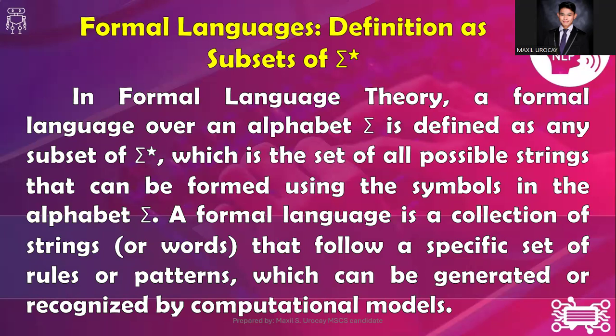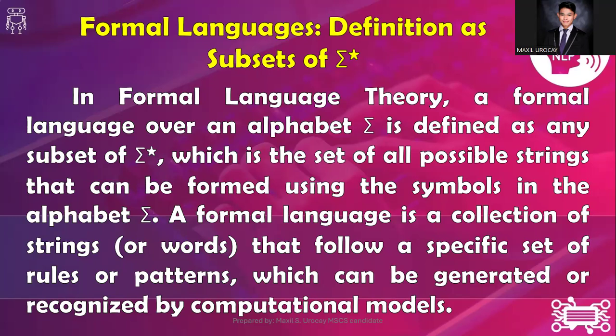Let's proceed here. The significance of formal languages in terms of text representation. Formal languages serve as a way to represent the structures of natural language in a formalized manner. In NLP, this is essential for tasks like parsing, understanding sentence structures, and compiling, translating high-level language into machine code.